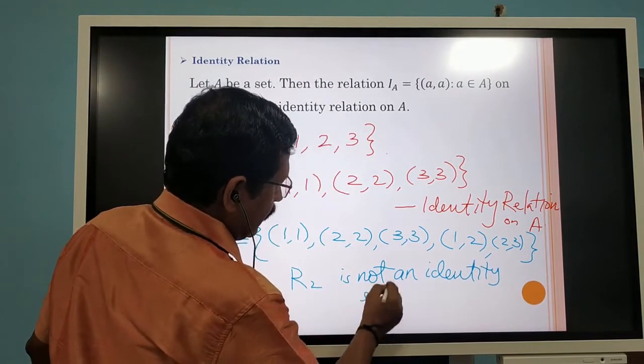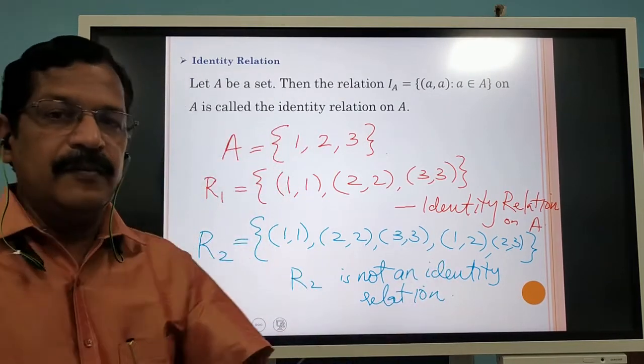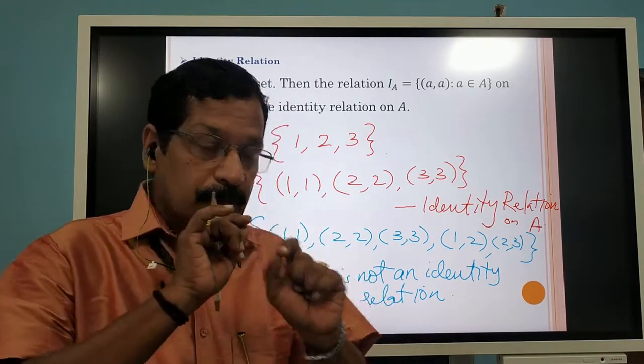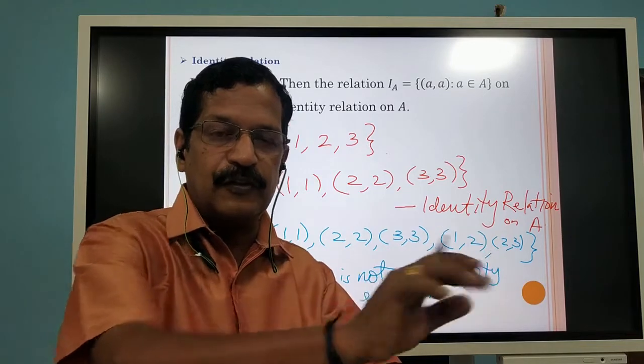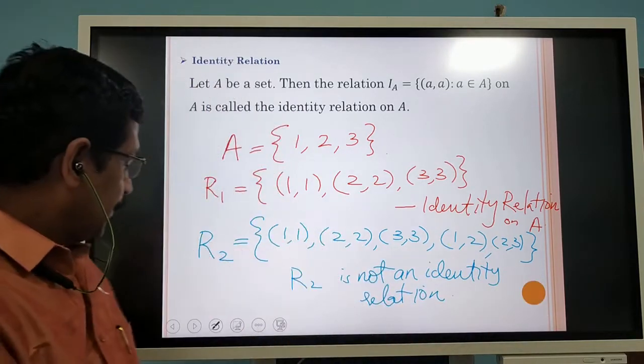The reason? For an identity relation, the element should be related to itself only. But in R2, some elements are related to some other elements, so it is not an identity relation. I think it's clear now.